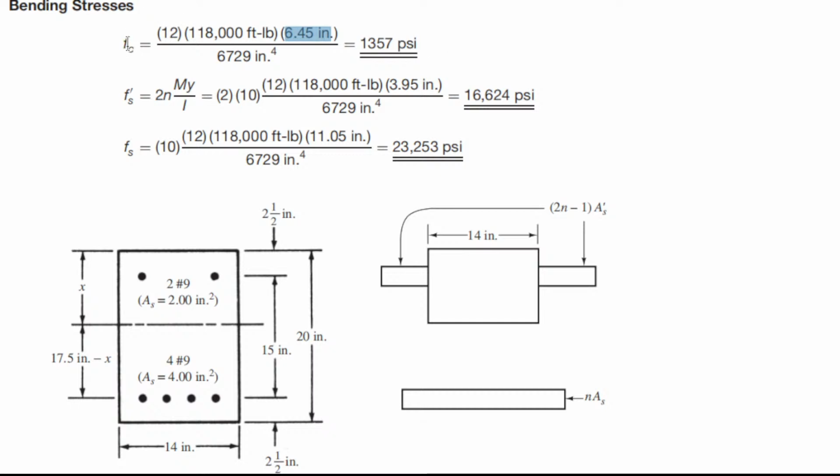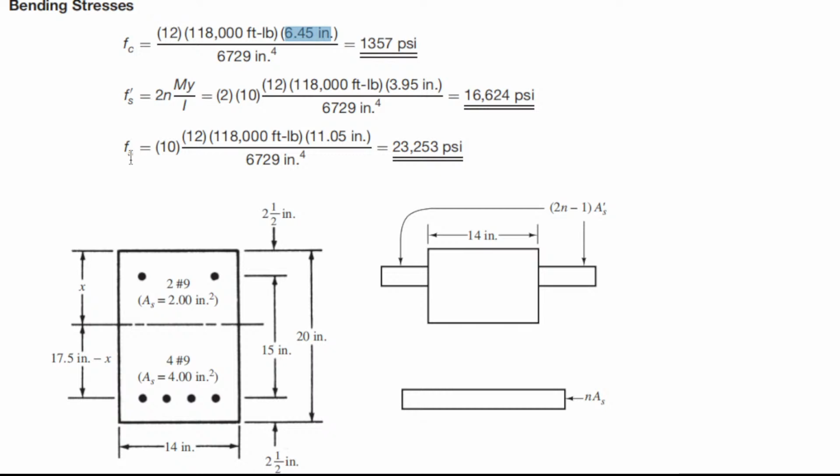So that is the stress on the extreme compressive fiber, which is also the stress of the concrete, because that is the maximum compressive stress. So that is fc. Fs is the stress on the tension side steel bars.